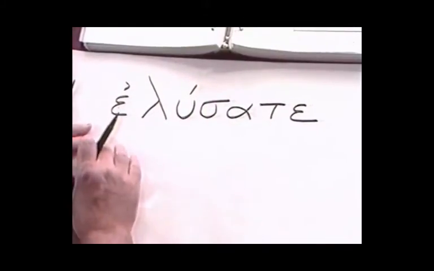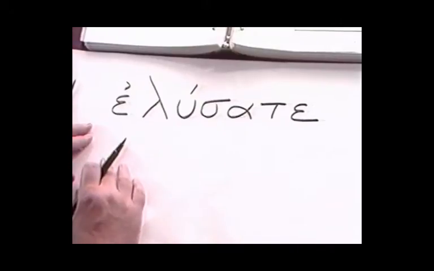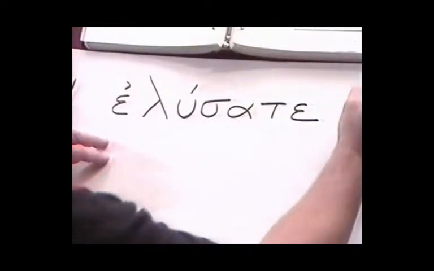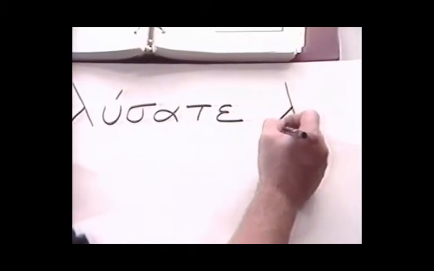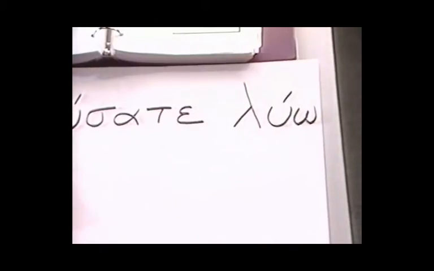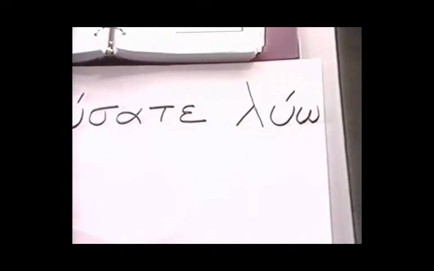All right, as we parse this verb, the first step is to ask, what is the lexical entry? Well, for all of these forms, numbers 1 through 53 on exercise 5, the verb is the verb luo. So that's our lexical entry, luo.